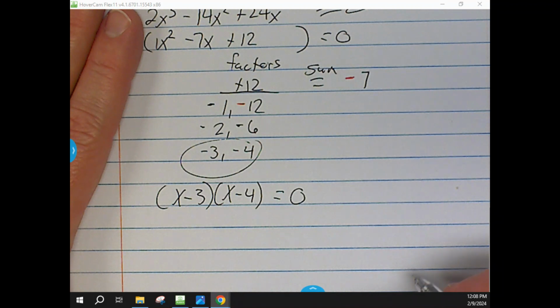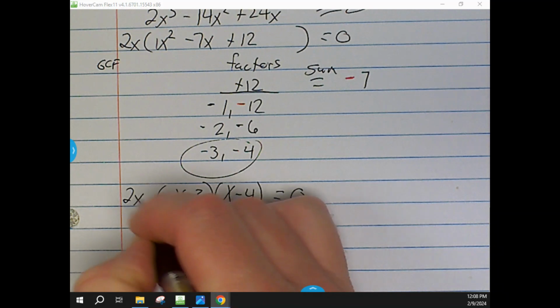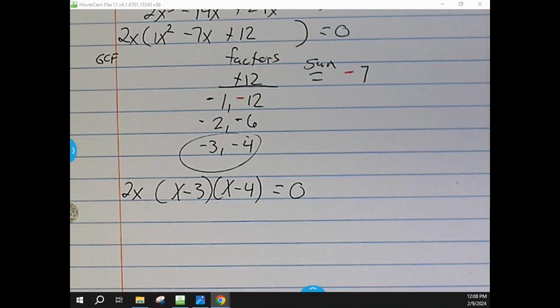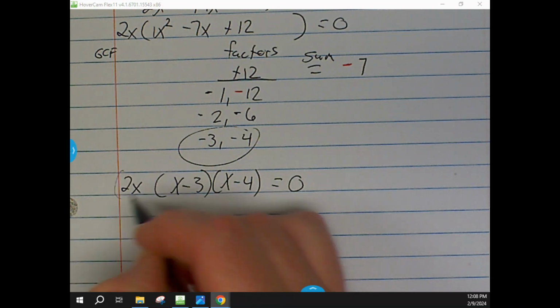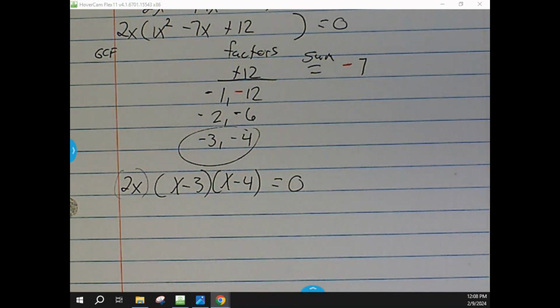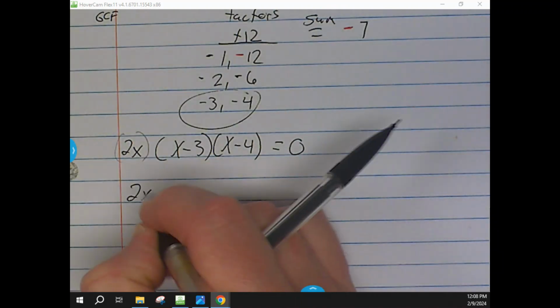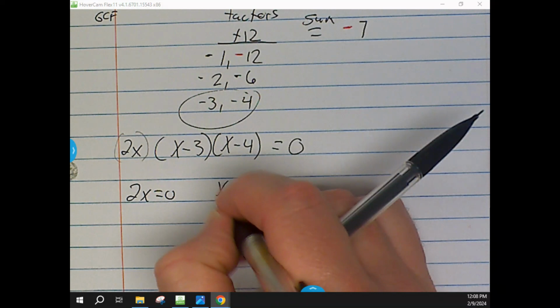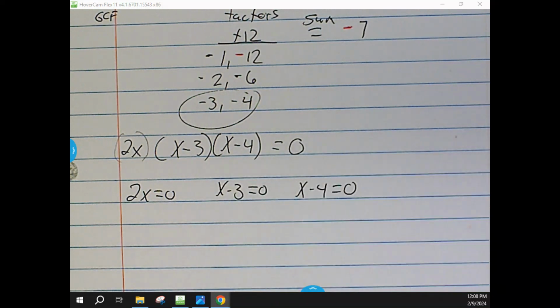Okay, and then once we got this factored out, we got our parentheses, then we can bring that 2x and put it back in front there. Now one thing with this one is, even though there's not a parentheses on that one, you can think about that as having a parentheses around it. You won't really see that, but you can go ahead and think about it that way. So now we've got 3 parentheses set equal to 0. So we're going to do 2x equal to 0, x minus 3 equal to 0, and then x minus 4 equal to 0.